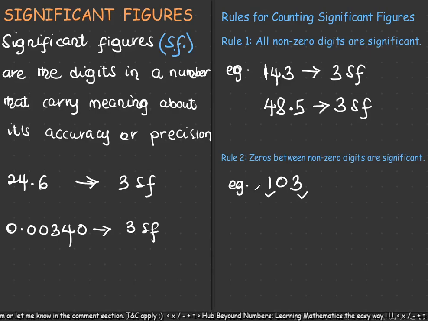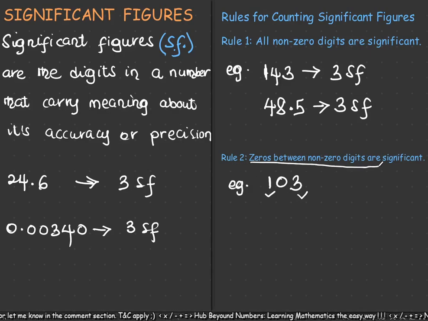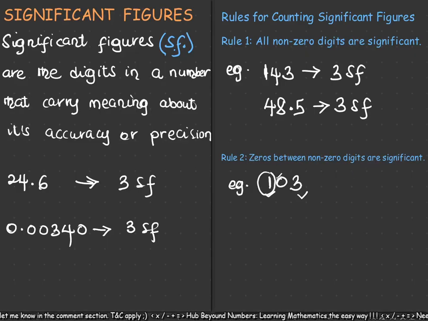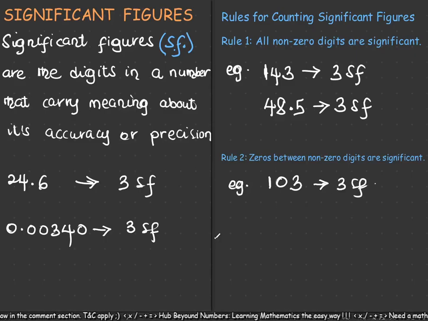But what of the 0? That is where this second rule comes in, which says zeros between non-zero digits are significant. This zero here is between this non-zero digit and this one as well, so that makes it also significant. Hence we can conclude that this number has also got three significant figures.